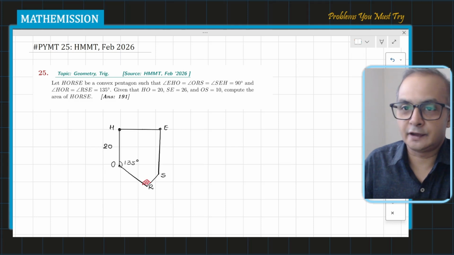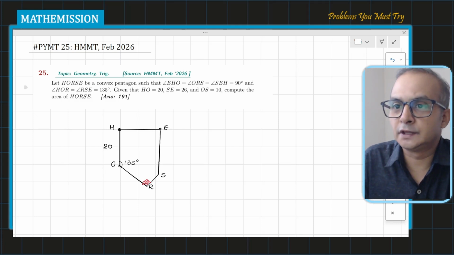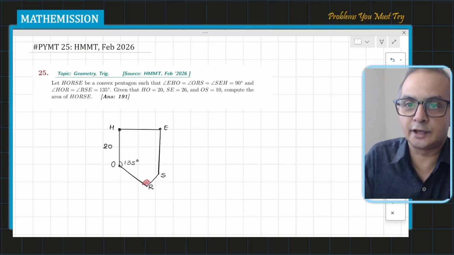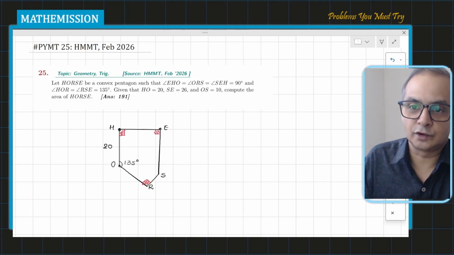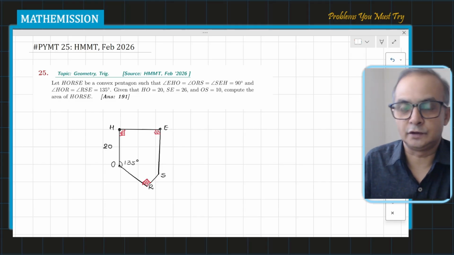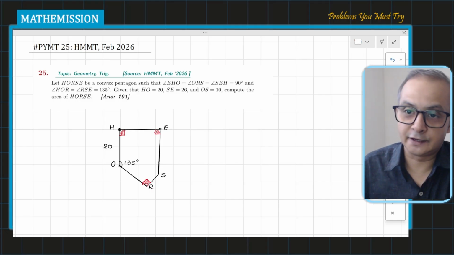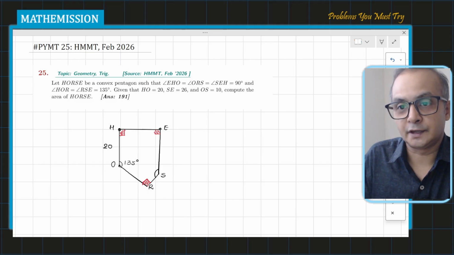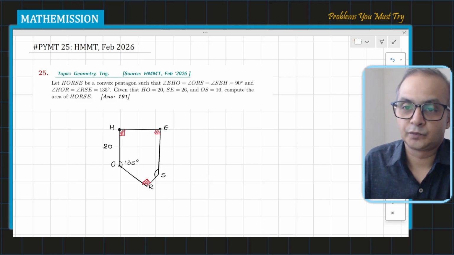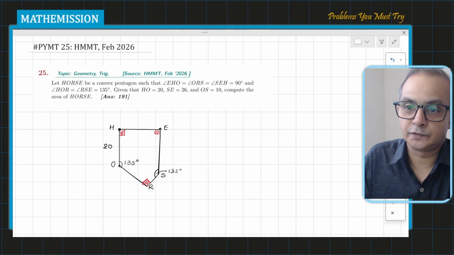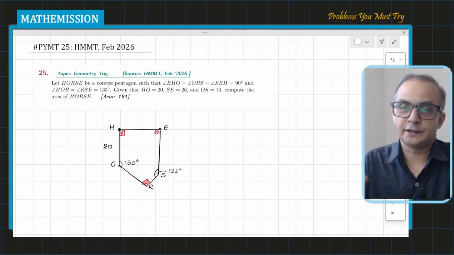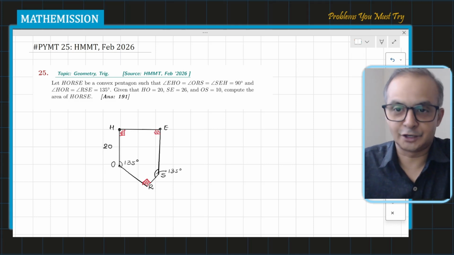So in this way we have successfully drawn the figure, because EHO is 90. This is 90 here, again 90 here, and this was already 90. By the way, this angle is also 135 degrees. So this is again 135 degrees.